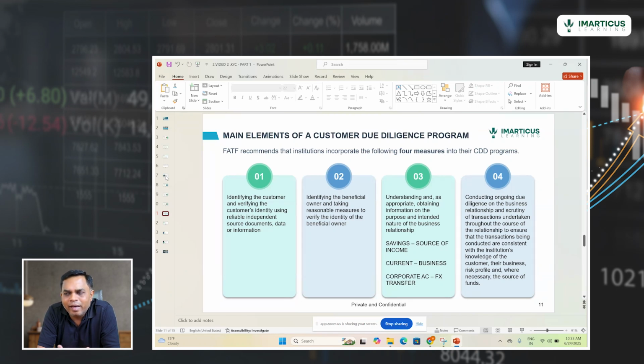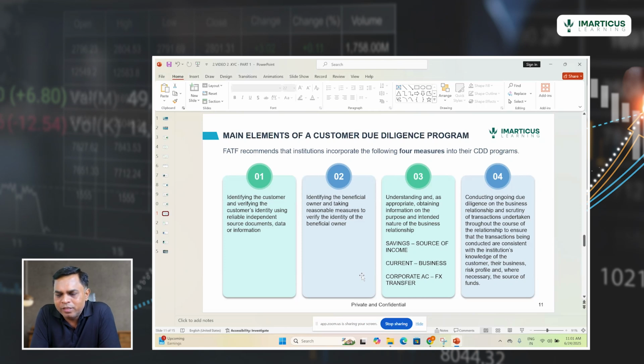Now what are the elements a financial institution should consider before they perform customer due diligence? First and foremost, as per FATF, the Financial Action Task Force, the global KYC and AML regulator, there are four major elements that need to be incorporated into customer due diligence.